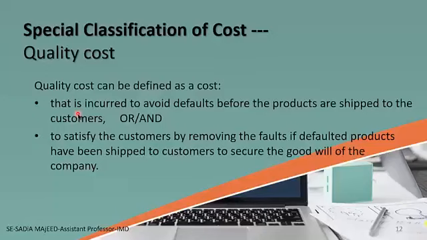If we are focused more on non-defective products, then there is no requirement of the second part of the definition. But if we don't focus on producing non-defective products, then we have to focus on removing the defects. When we focus on removing the defects, then we have to include the second part of the definition also. So in short, quality cost is basically the cost of producing non-defective products and/or the cost of removing the defects from the product.